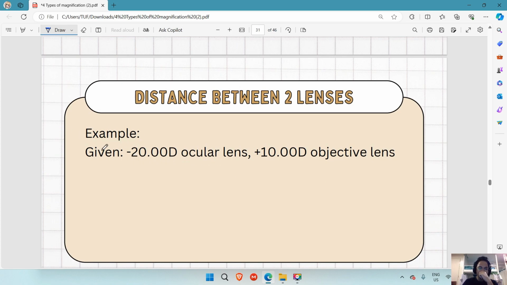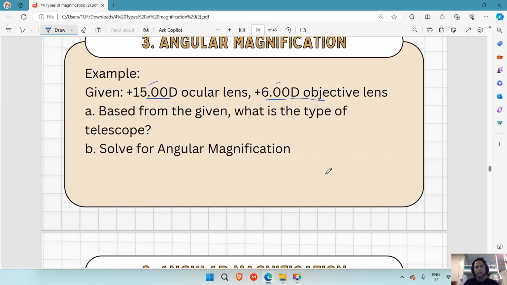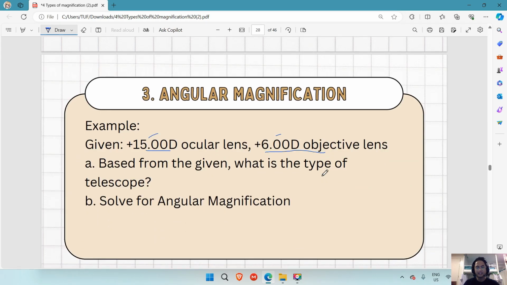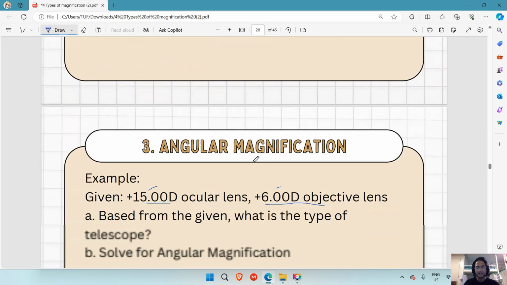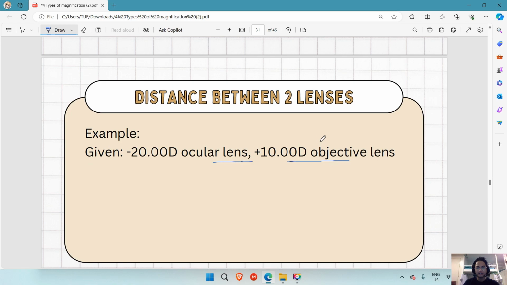So the given is a minus 20 diopter ocular lens and a plus 10 objective lens. This is the same example from above, the Galilean telescope. So let's solve.